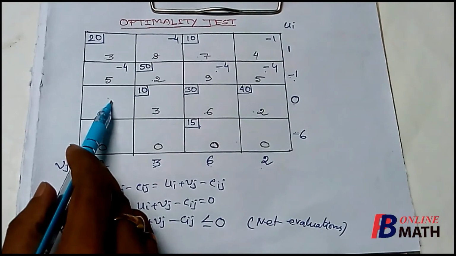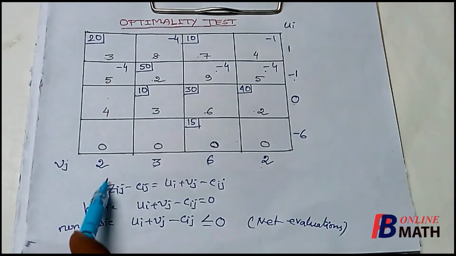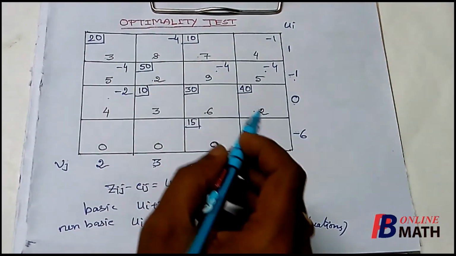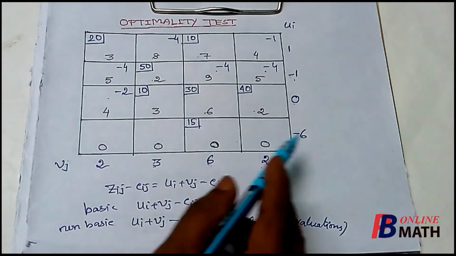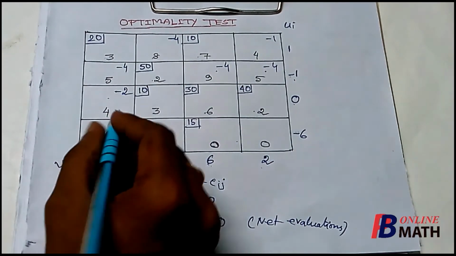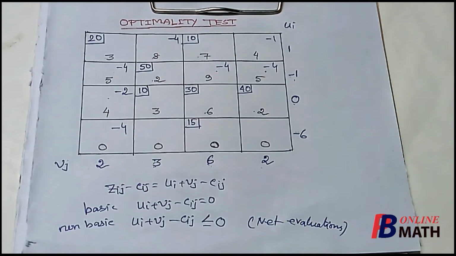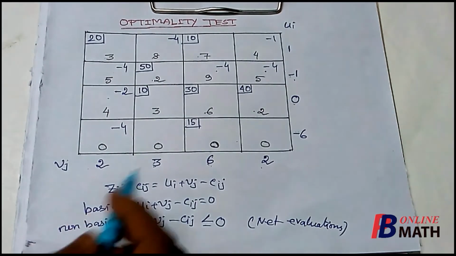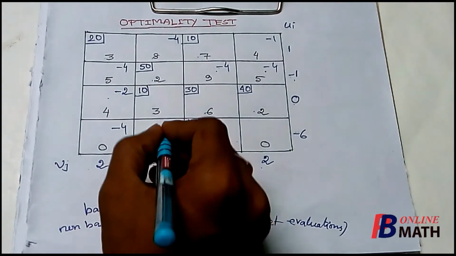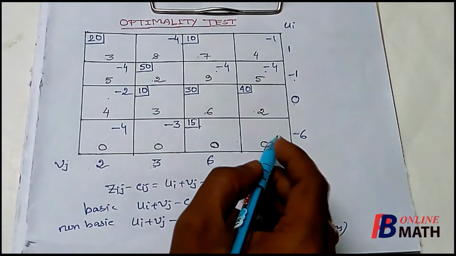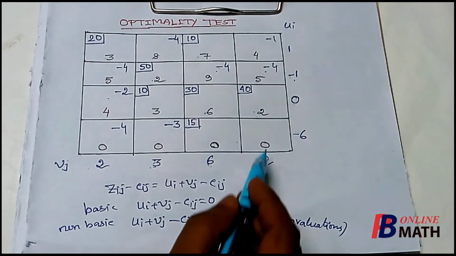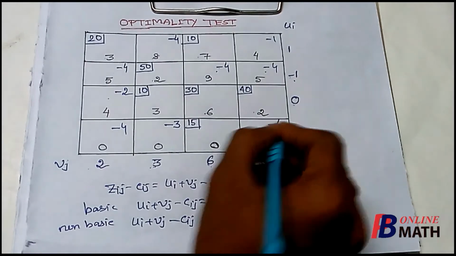For this non-basic cell it is minus 2. For this non-basic cell it is minus 4. For this non-basic cell it is minus 3. And finally for this non-basic cell it is minus 4.